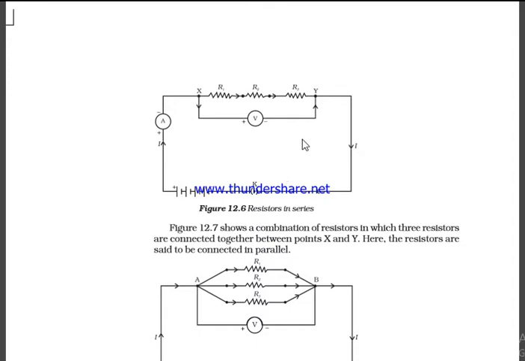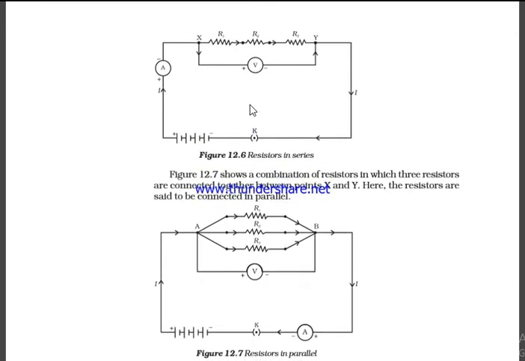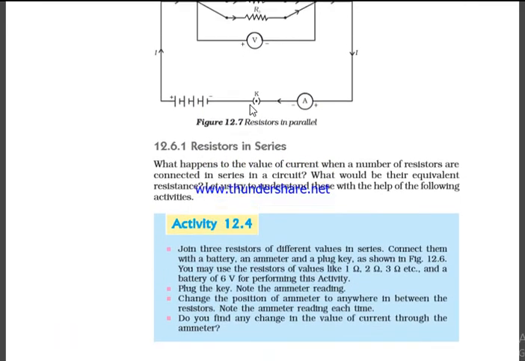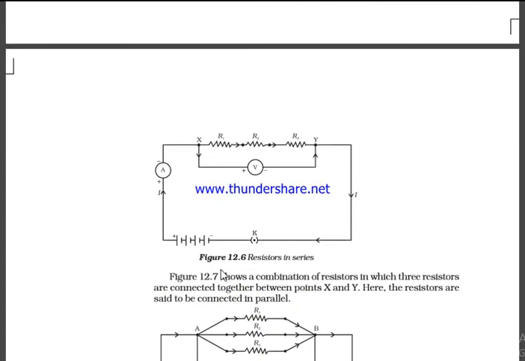But what about the potential difference? The potential difference will be different. What is potential difference? The work done to move the charges across two points. Suppose we connect the voltmeter across R1, the potential difference will be different, across R2 that will be different, and across R3 that will also be different.